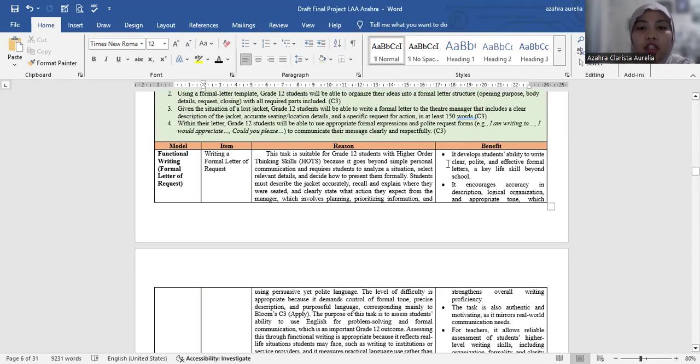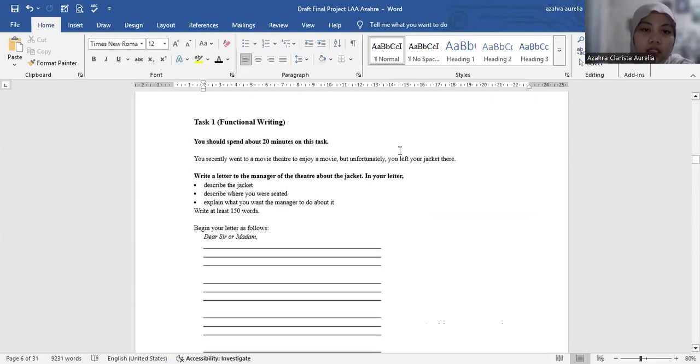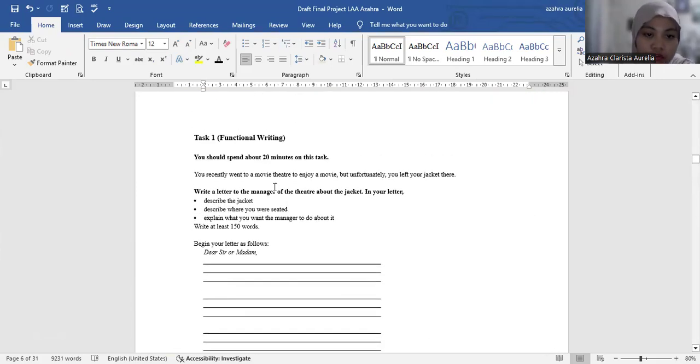And the reason why I chose this task is because it needs high order thinking skill, because students must analyze the situation first. They have to prioritize the information. Here is the information, and they have to communicate formally and politely.